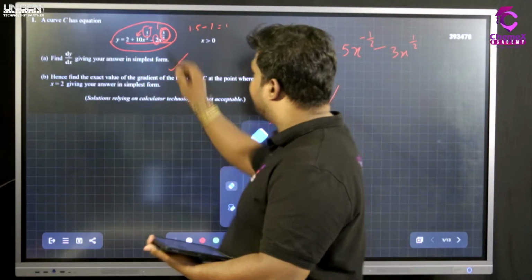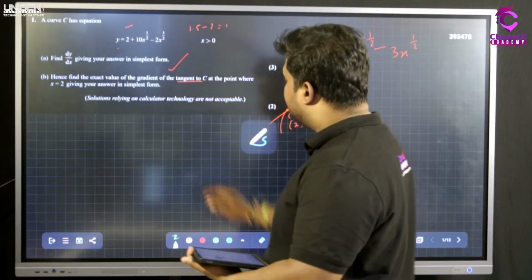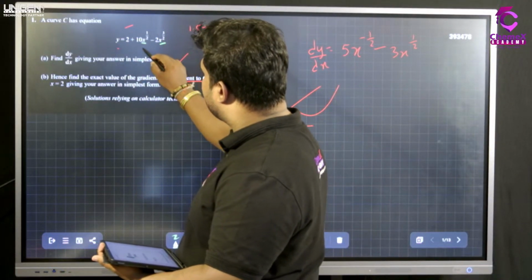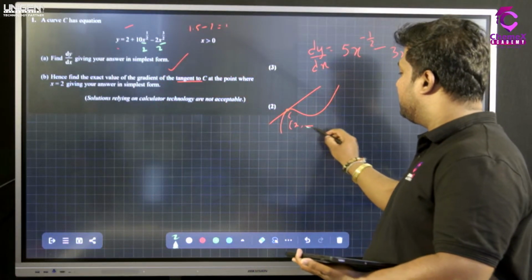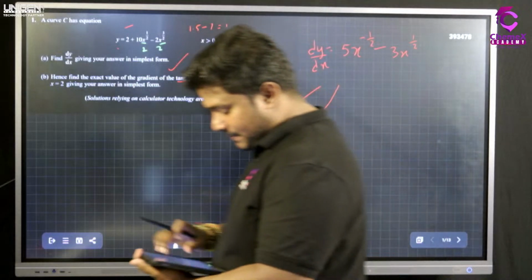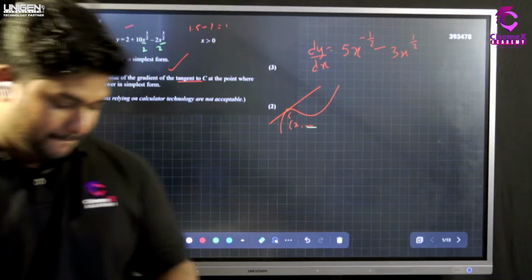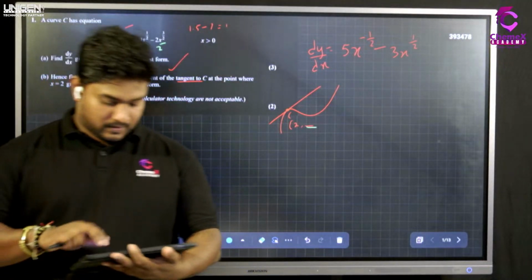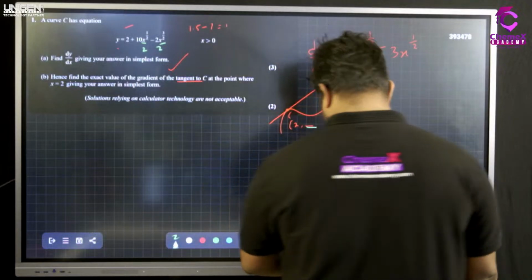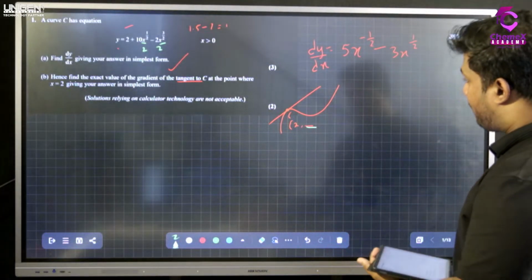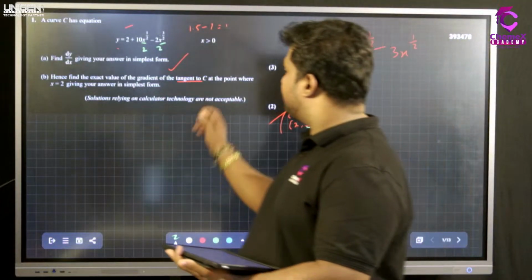If you substitute the x value, x is 2, what do you get for y? Can you type it in the chat? What's y?